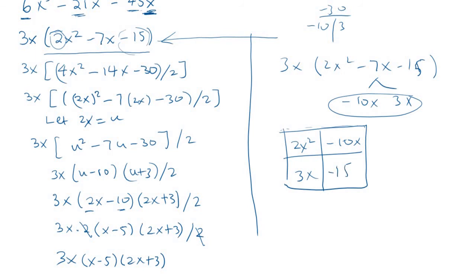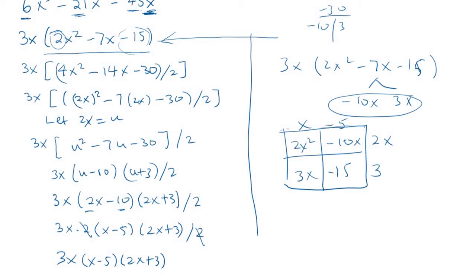So now I pull out the GCF. For 2x squared and negative 10x, that will be 2x, and for 3x and negative 15, it will be just 3. Then, to get 2x squared with the 2x I just need an x, and here I just need a negative 5.